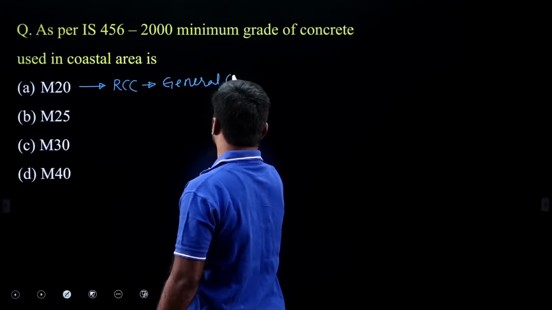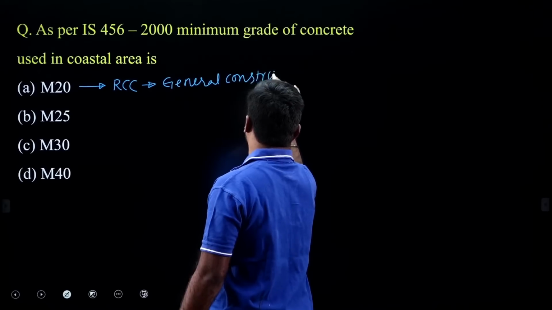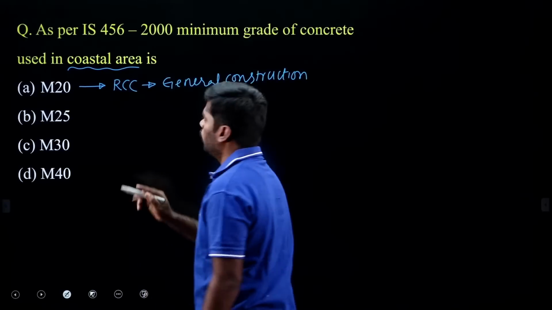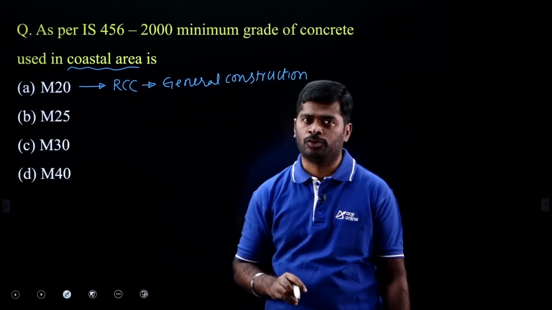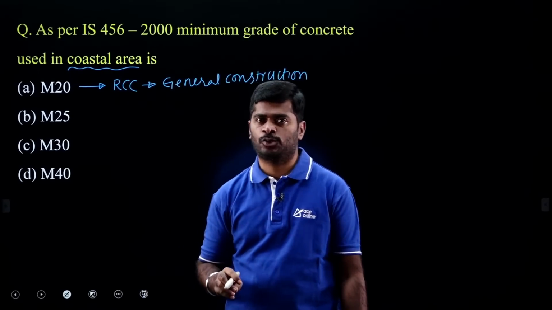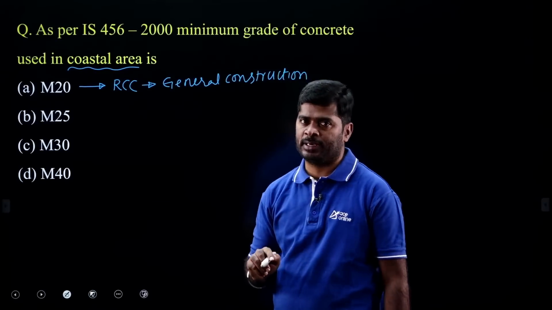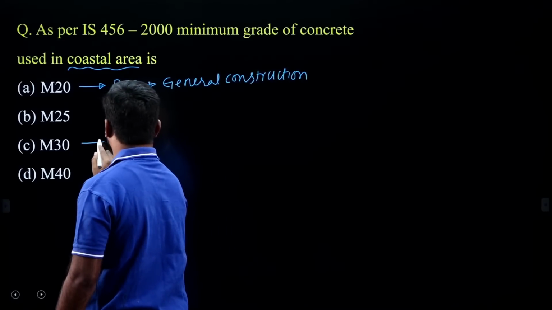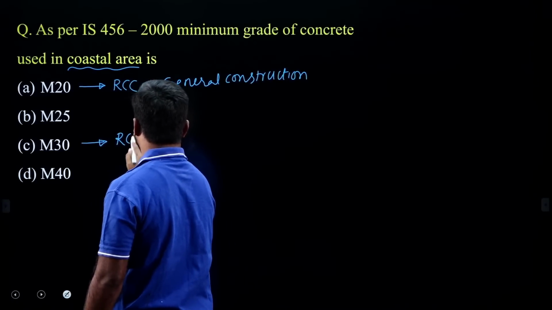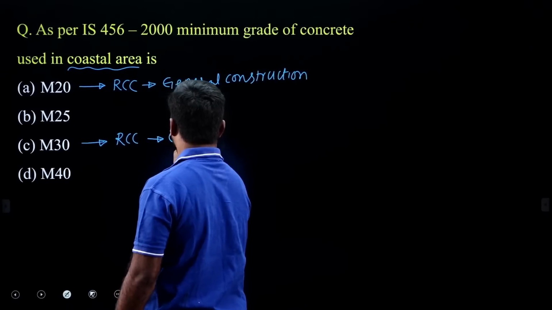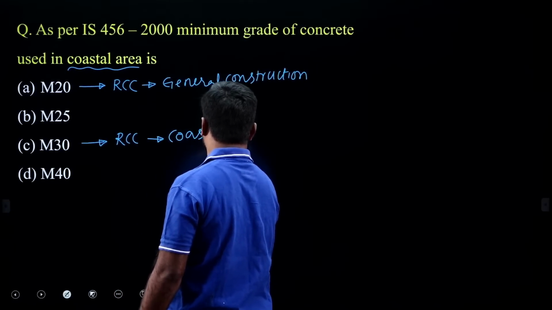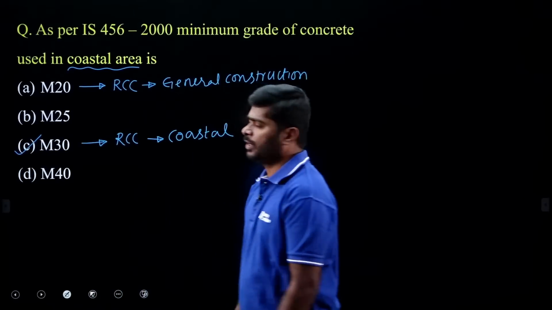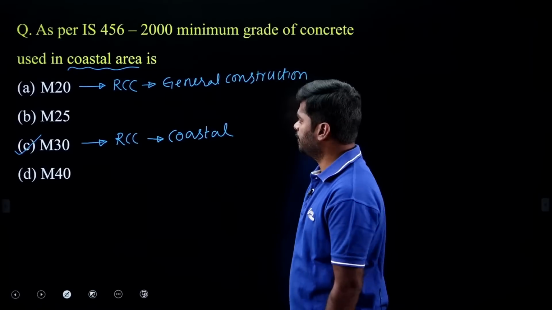Suppose if they don't mention coastal area in the question, and simply ask what is the minimum grade of concrete used as per IS 456-2000, then option A is correct. But here coastal area is mentioned, so in coastal area for RCC, minimum grade of concrete used is M30. Correct option is C.